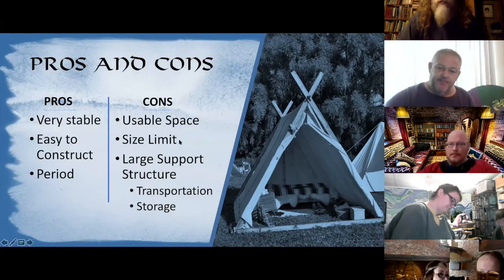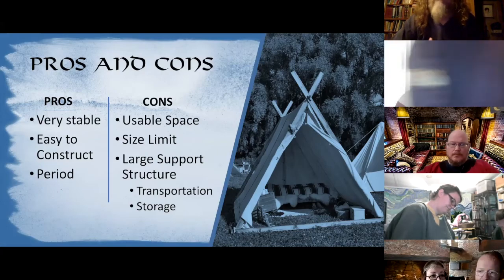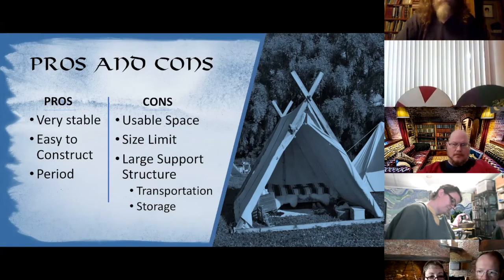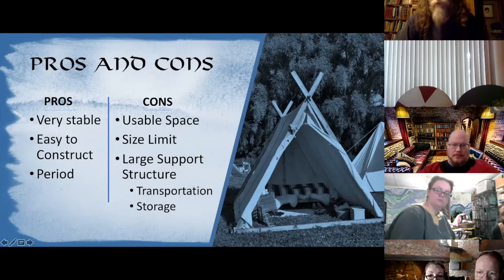There are some size limitations on it based on finding the support structure in that size. Okay, the support structure, normally the wooden frame that it is mounted on, that's a lot of volume of wood that you've got to transport, whether it's the 20-foot long ridge poles or the 12-foot long supports.